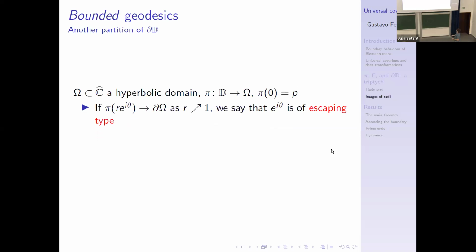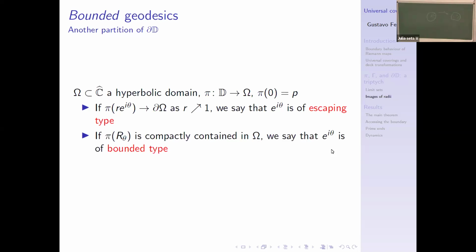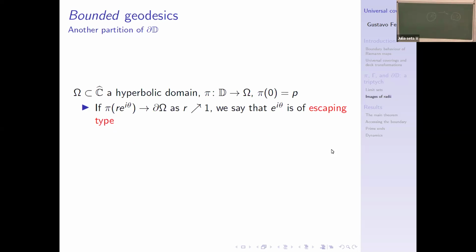So one possibility is that as r tends to 1, so as I approach the boundary following one of these spokes, the image also escapes to the boundary. That's sort of a very safe option. And we say that this guy, this point e to the i theta, which would be this guy here, is of escaping type.